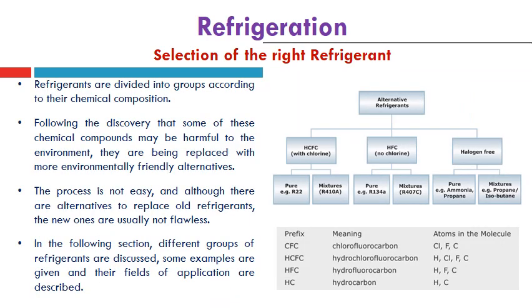This slide classifies the alternative refrigerants into three types: HCFC with chlorine, HFC with no chlorine, and halogen-free, such as pure ammonia or propane, or a mixture of propane and isobutane.